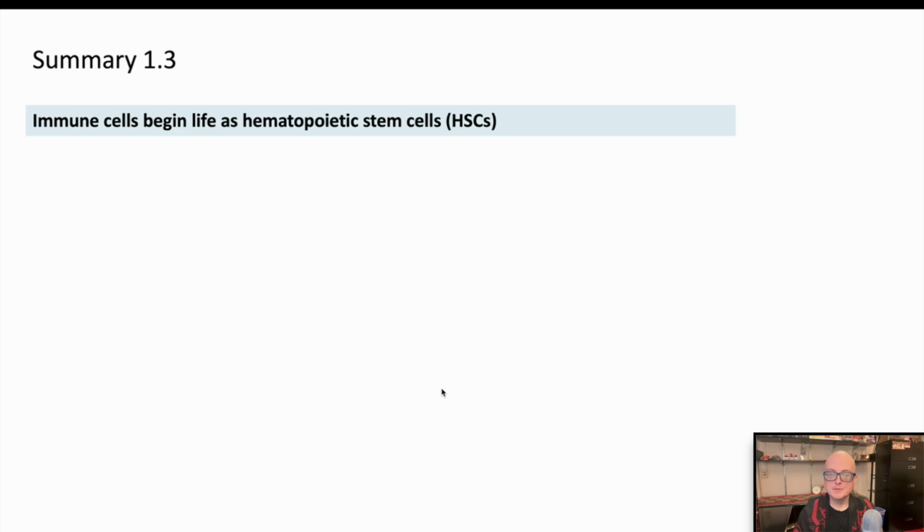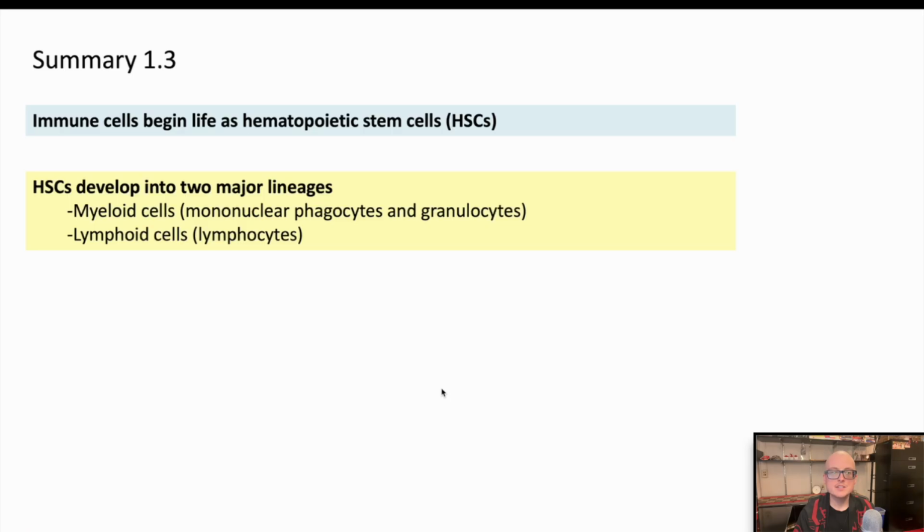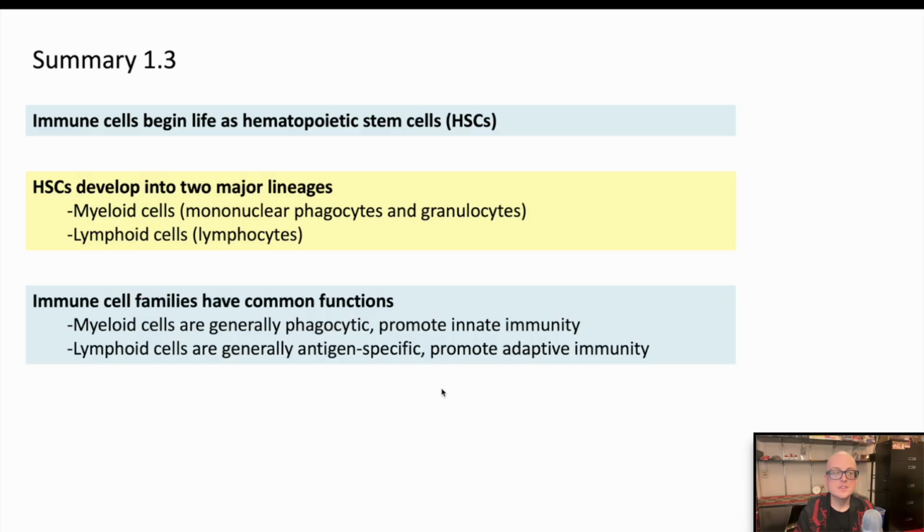This is the stem cell population from which all immune cells descend. And HSCs can further differentiate into two major lineages. Those include myeloid cells, under which we saw that there were two subfamilies, mononuclear phagocytes and granulocytes, or HSCs can become lymphoid cells, which as a subdesignation we refer to as lymphocytes.